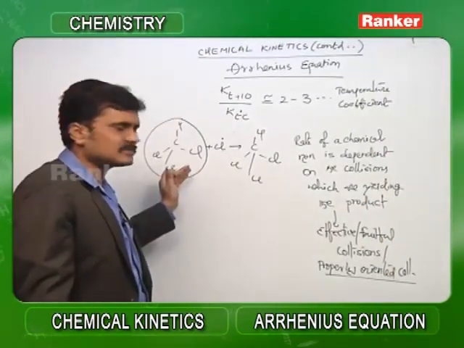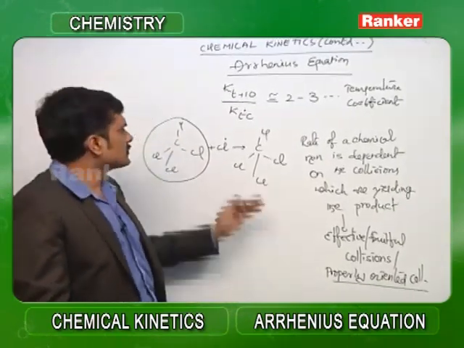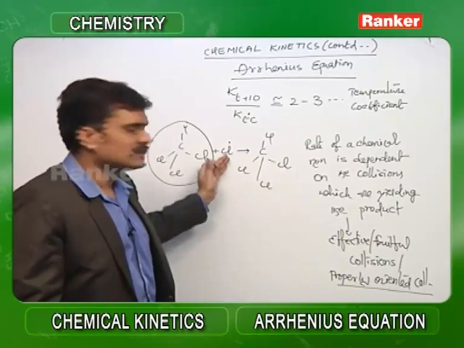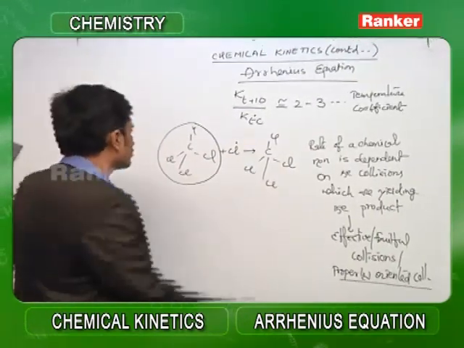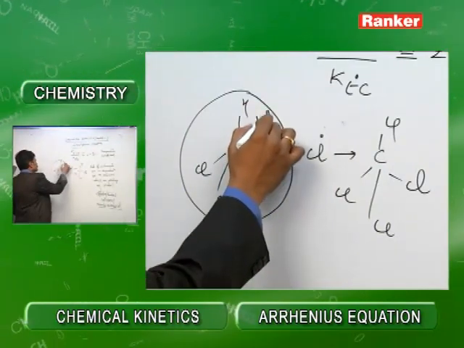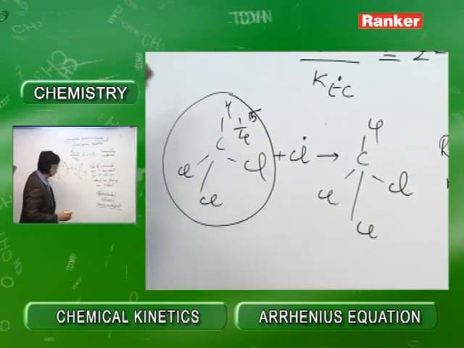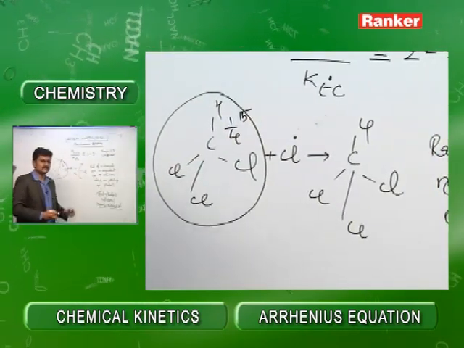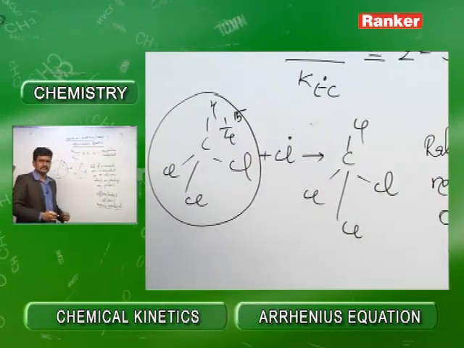Out of the total 4 bonds, the probability of attack by the chlorine radical is only 25%, that is 1/4. So it is meaningless to say this depends upon the total number of collisions, rather it depends only upon the fruitful collisions.